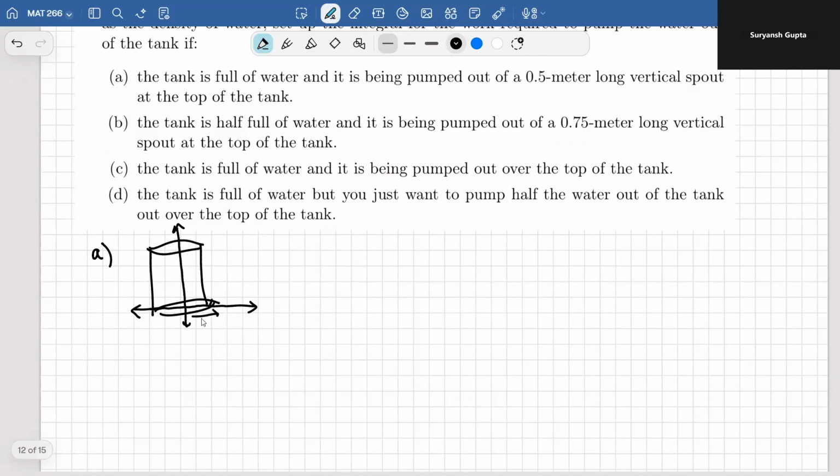It's given that this is 4, and this is 0 and this is 7 because my whole height is 7. That's my cylinder. And it's saying that it's full of water. So this is all water, and there's a spout on top of the tank, which is throwing out the water. And the height of the spout is 0.5 meters.